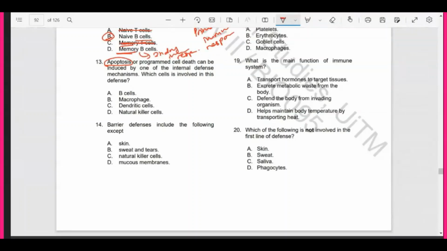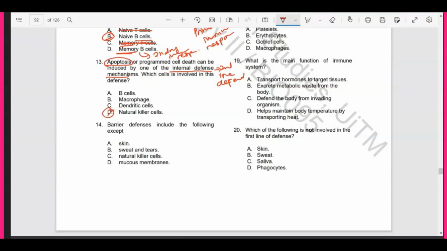Okay, so apoptosis or programmed cell death can be induced by one of the internal defense mechanism. Internal defense mechanism adalah apa? Second line defense. Second line defense. Okay, second line defense yang melakukan proses ni adalah hanya NK.